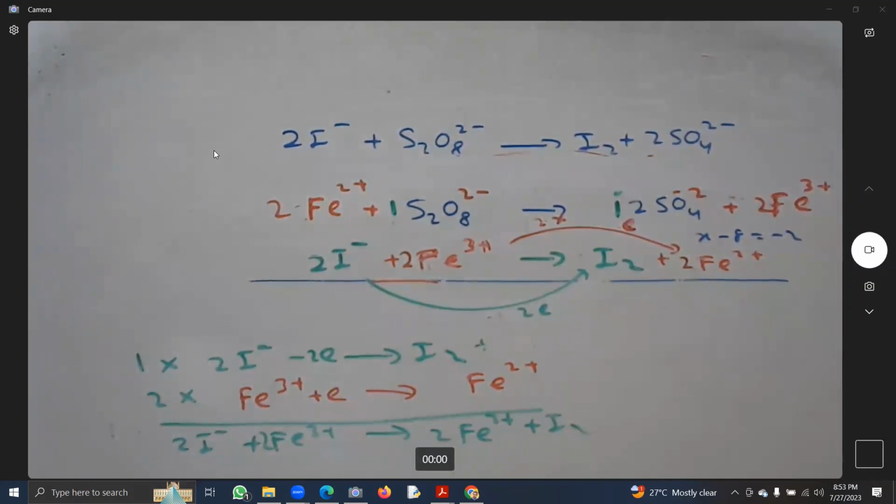Sir, here it must be 2e minus, plus minus 2e. No, it doesn't matter. You can write plus minus 2 electrons, but you can write minus 2 electrons.